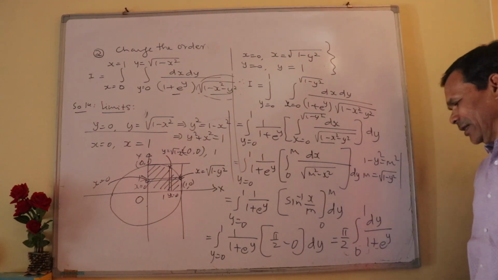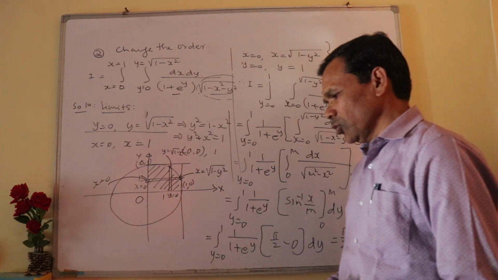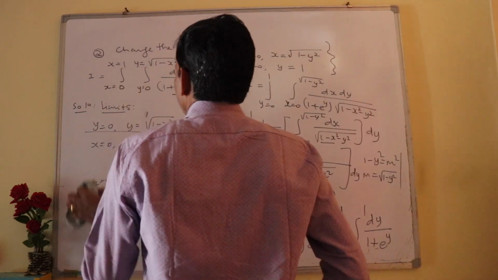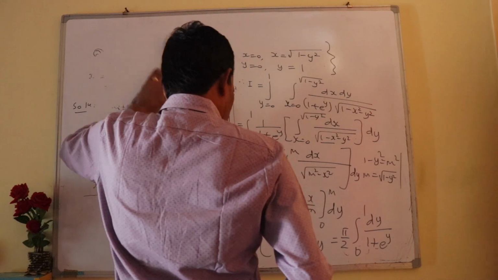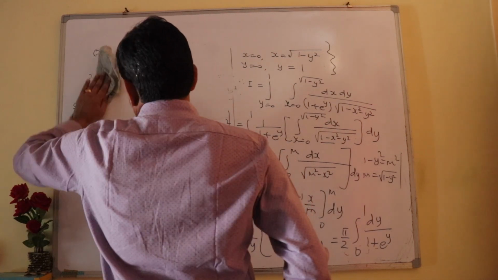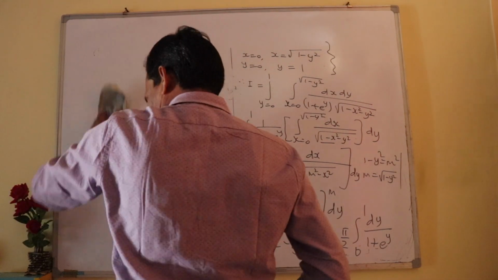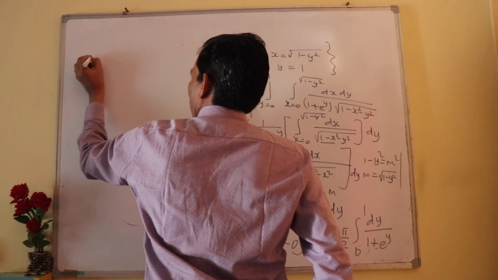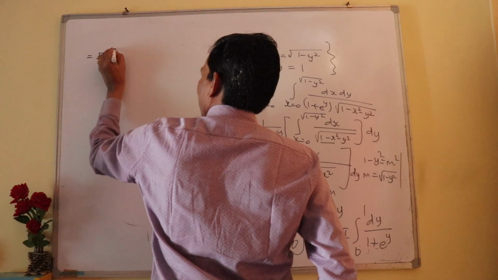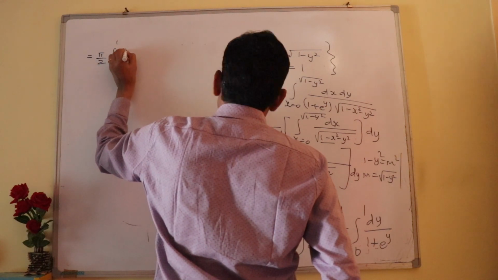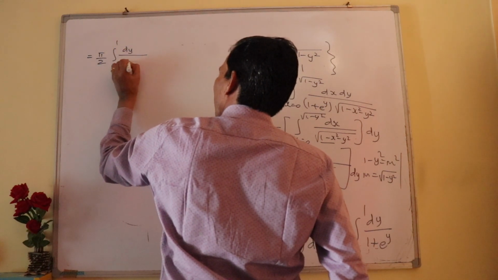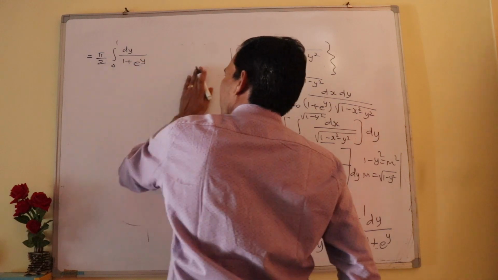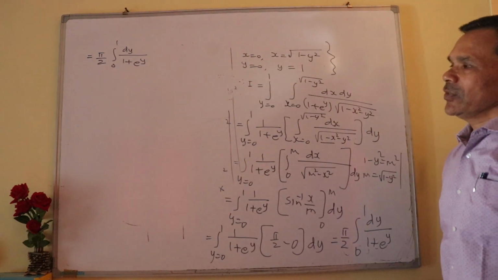Now we have to integrate this, 0 to 1 dy upon 1 plus e raised to y. So simple integration. This integration we have to carry out. This is pi by 2, 0 to 1 dy upon 1 plus e raised to y.